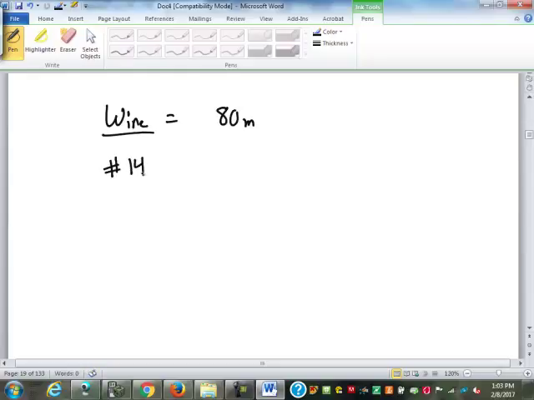It's number 14 wire. Well, let's say we're not sure if it's copper. We're trying to decide if it's copper. What would we expect this to be if it were copper?